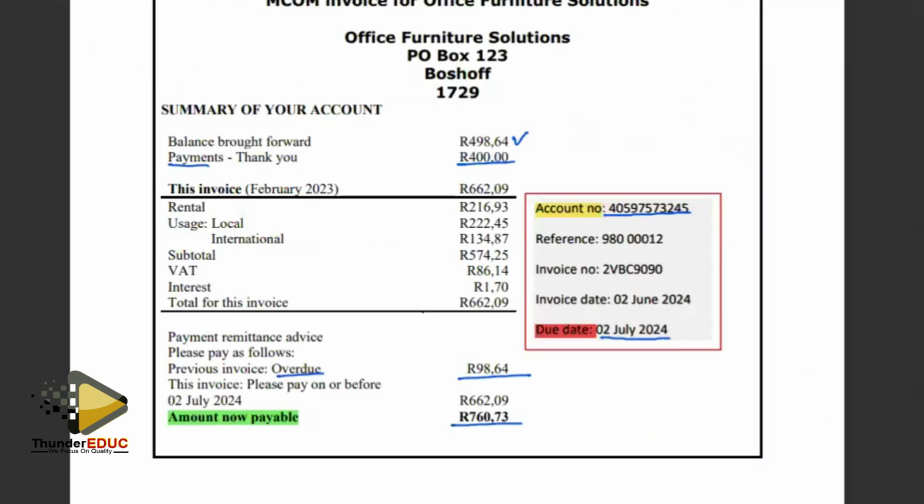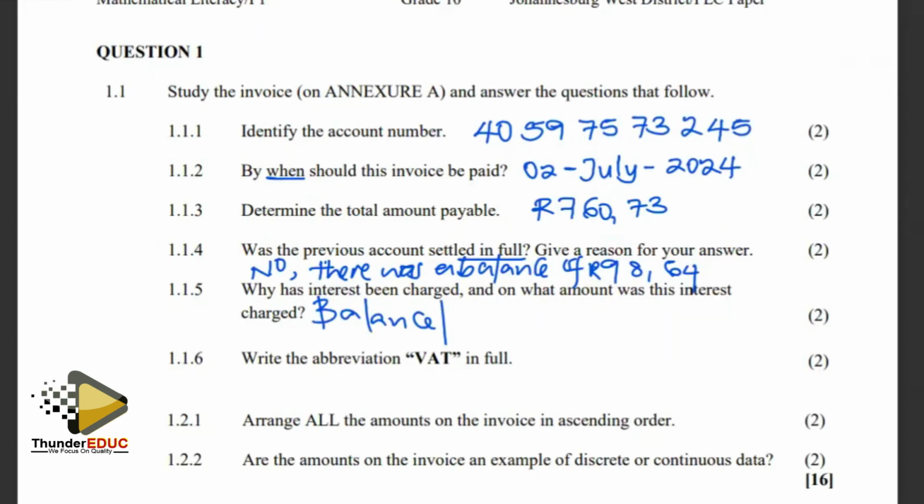We go back to our account and look for interest. It's 1 rand 70 cents.